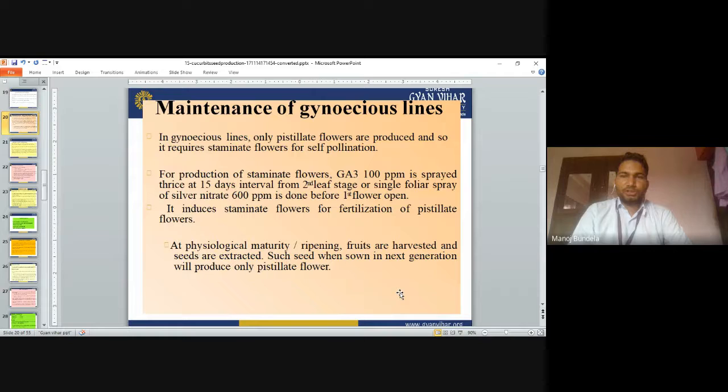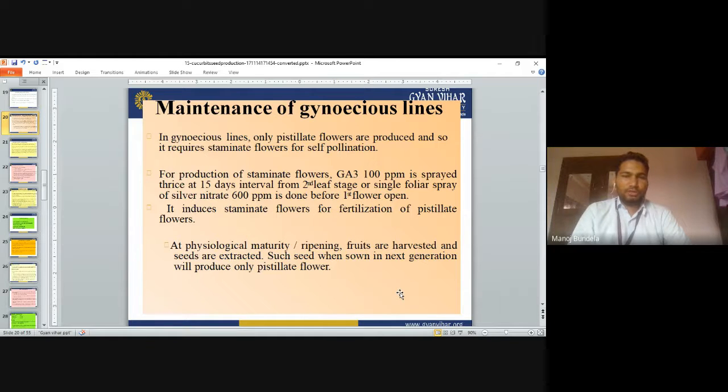Maintenance of gynoecious line. In the gynoecious line, only pistillate flowers are produced, so it requires staminate flowers for self-pollination. Only female flowers are produced, so it requires male flowers for pollination.